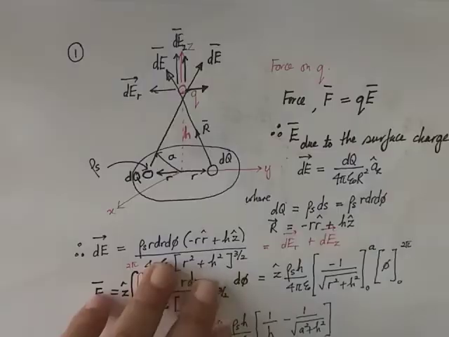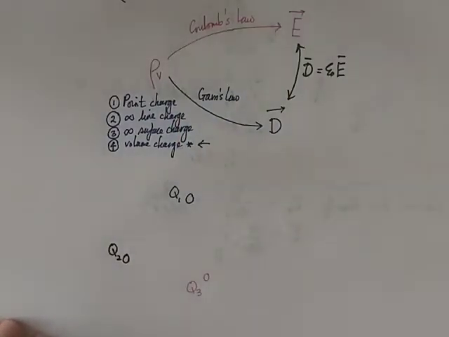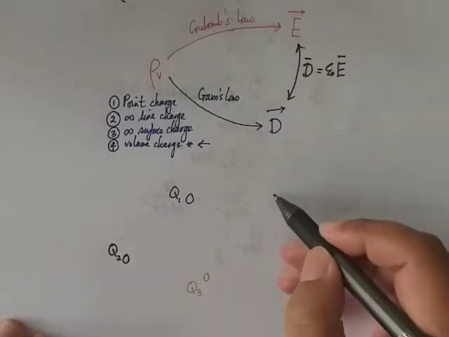So that should be our source, the point charges. Okay, three point charges. Now I want to determine, in my model, the D. So I want to find the D, let's say, here.